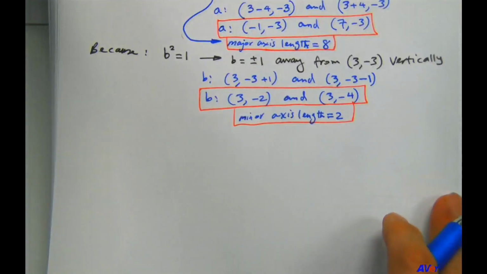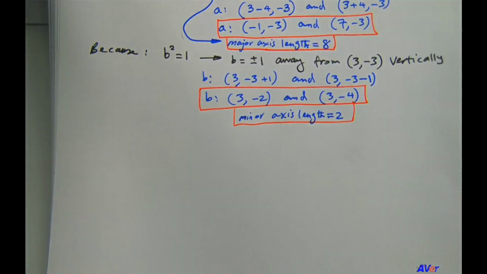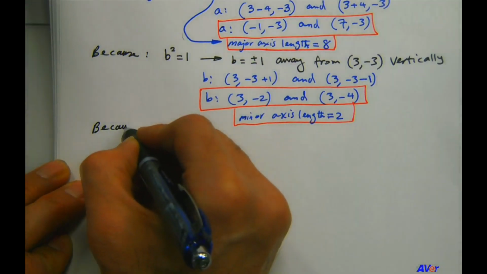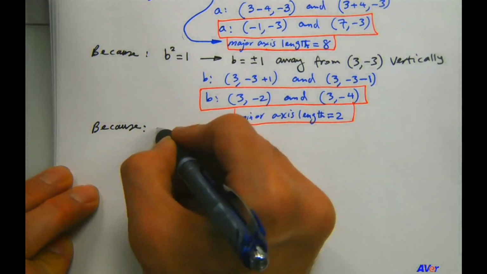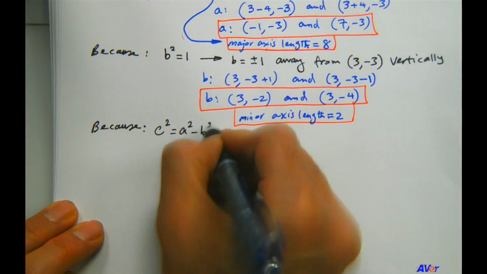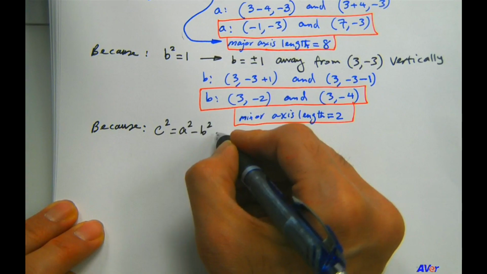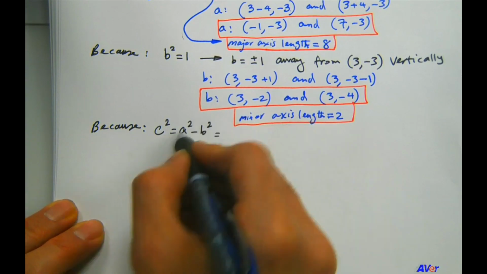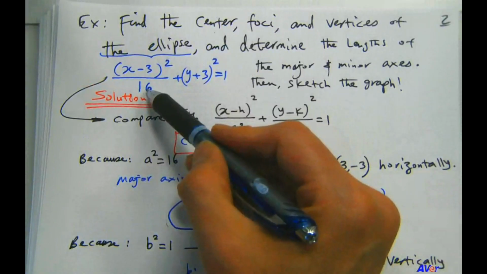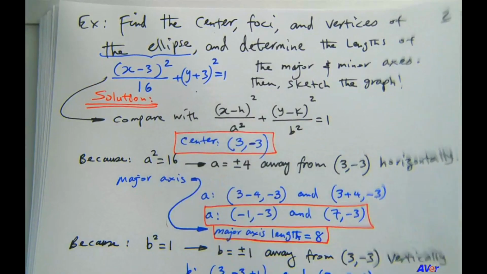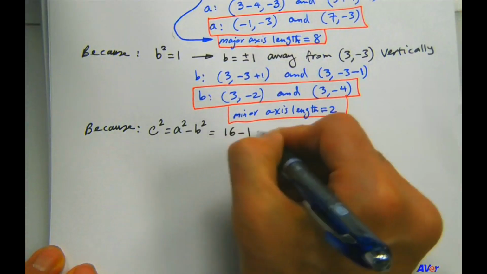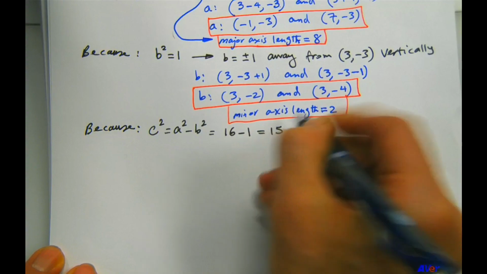Okay, let's find the focal point, right? That's what they also asked us. So because c squared is equal to a squared minus b squared, then we have a squared, we already know is 16, right? From here. A squared is 16, b squared is 1. So let's plug in. That will be 16 minus 1 equals to 15.